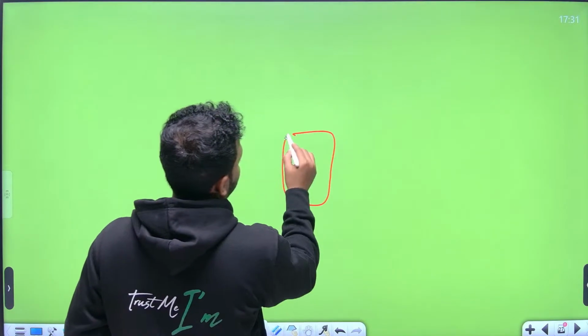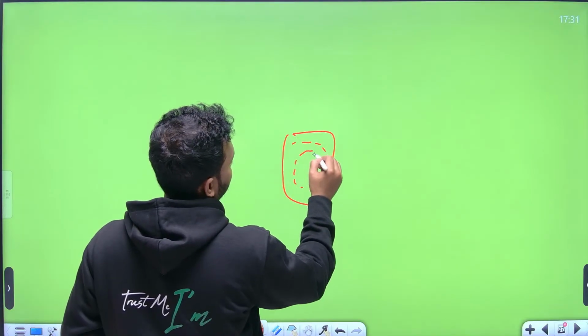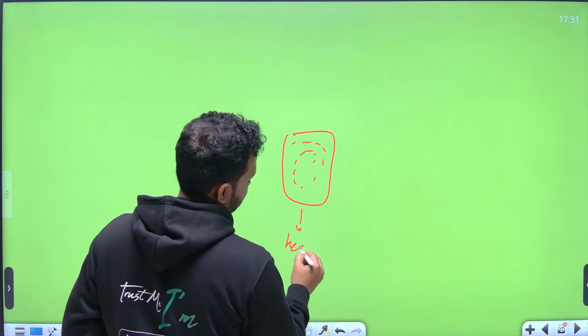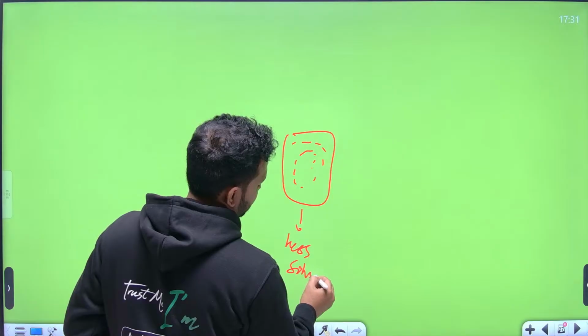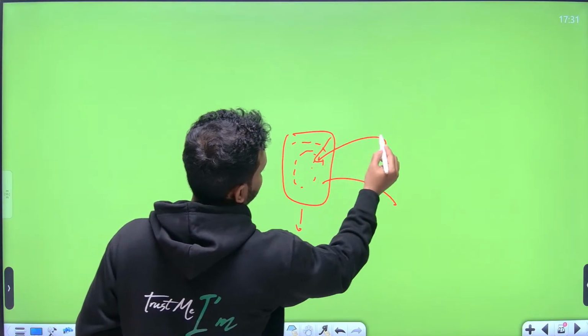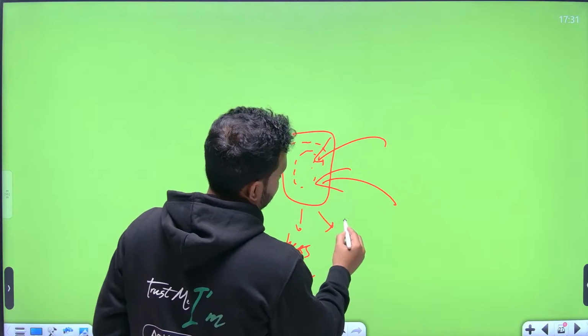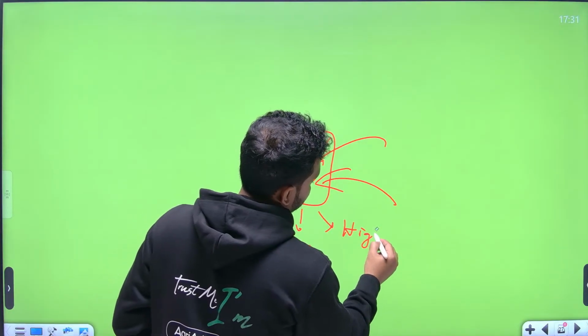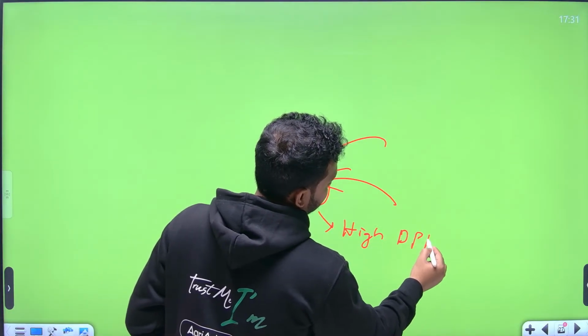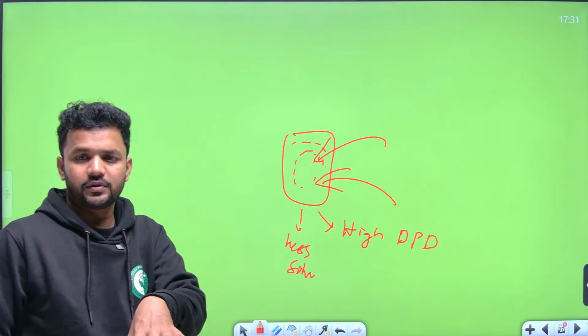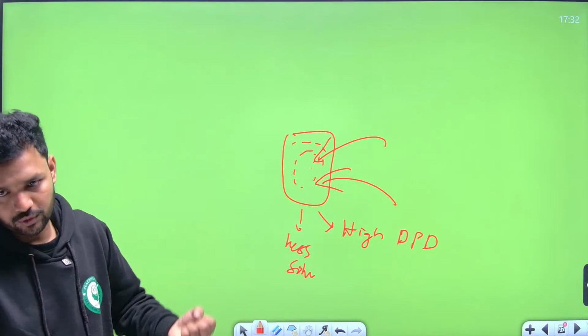If a system has more solute, it means less water or less solvent, so it can absorb more water, which means high diffusion pressure deficit. Higher the diffusion pressure deficit, more water it can pull.